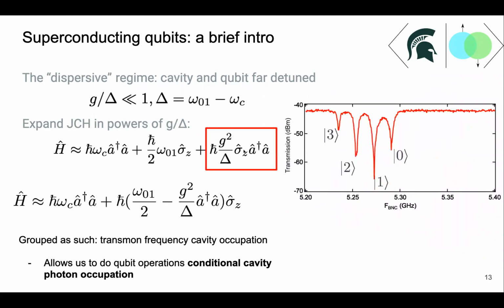And so we can also regroup the dispersive Jaynes-Cummings Hamiltonian in another way, where the effective qubit frequency depends on the mean photon number in the cavity. Sorry, I've been thinking about phonons a lot lately. And this causes the qubit absorption spectra to be split by individual numbers, each peak corresponding to a different photon number in the cavity.